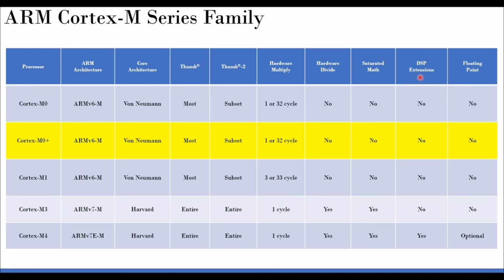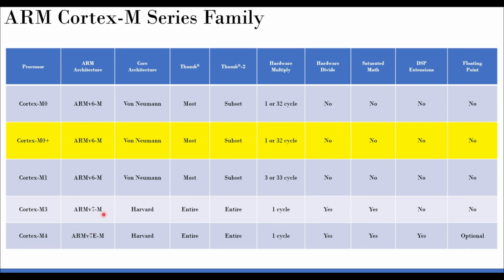DSP, digital signal processing. Signal operations like FFTs and convolutions that you studied in the signals and systems course have separate libraries or accelerations available for something like Cortex-M4. This is not available in any of the other Cortex-M series. It's only available in the high-end Cortex-M4. Of course, the cost will increase, the hardware layout is different, and the software layout is also different.